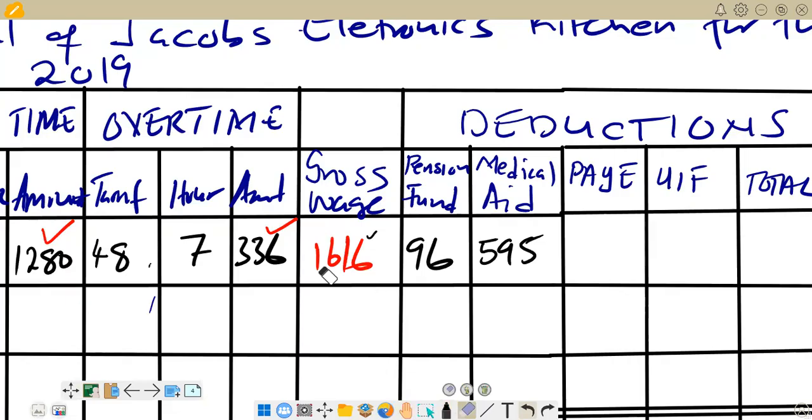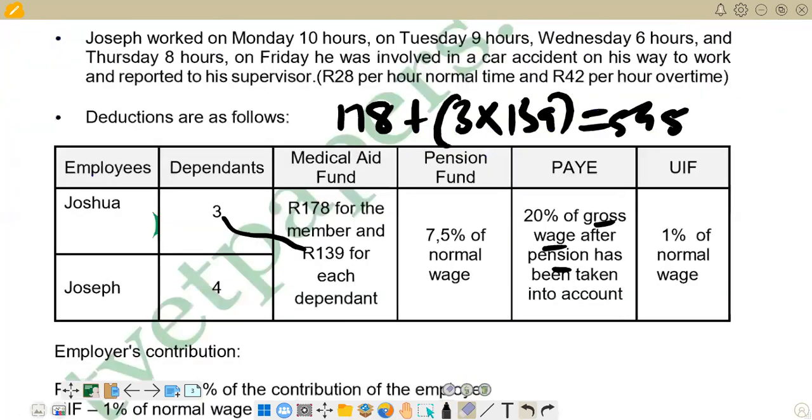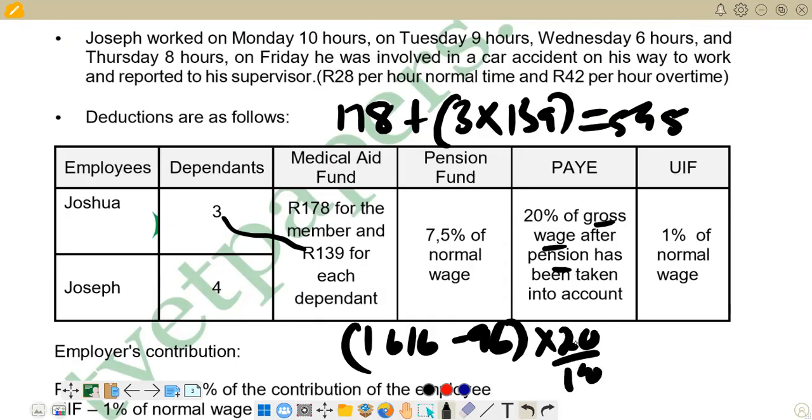We are saying 1,616 for gross wage minus pension 96. Then the answer we multiply by the percentage that we are given there. So we are saying 1,616 minus our 96. Then the answer that we get here, we multiply by the 10% now, which is 10 over 100, the decimal is 0.1. Then you see what we get there.